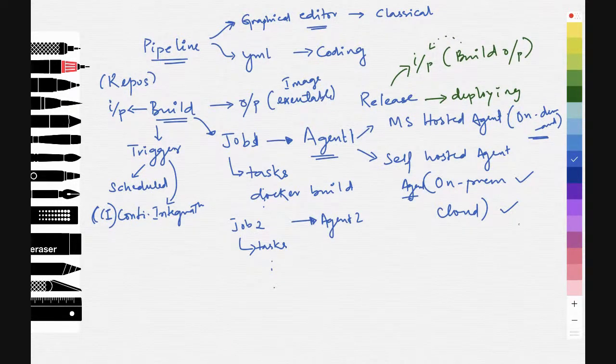So DevOps has two important phases, CI and CD. That CD is nothing but the release and CI is nothing but the build. So you can say this part is the CI part, and this part is the CD part of it. So jar files, war files would be produced as an output here.